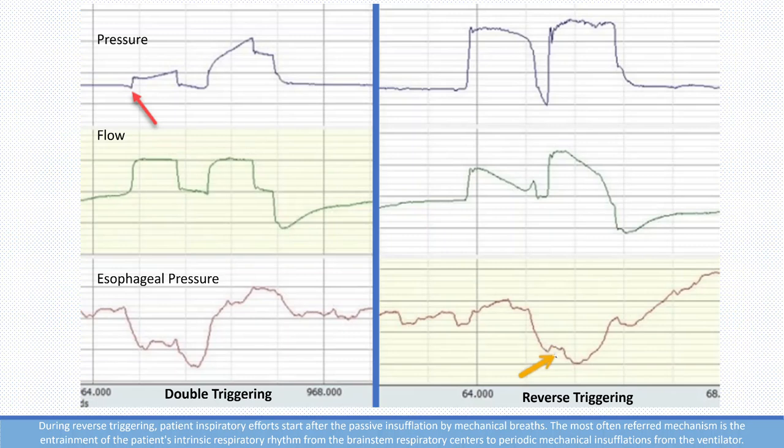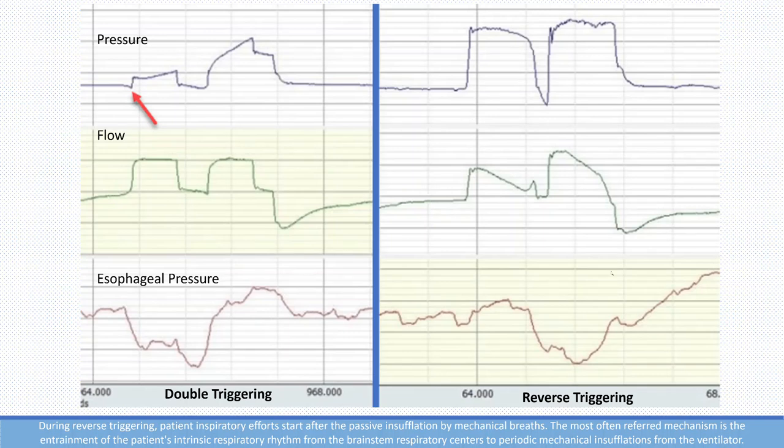This drop in the intrathoracic pressure is caused by contraction of the diaphragm. It may be associated with contraction of the respiratory muscles also, or the inspiratory muscles. It is not caused by firing from the brainstem respiratory centers.